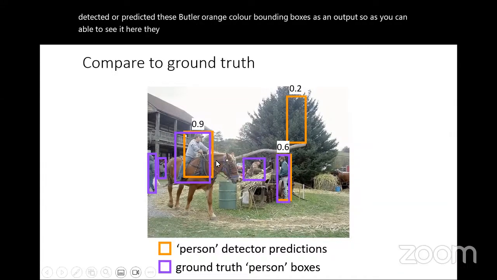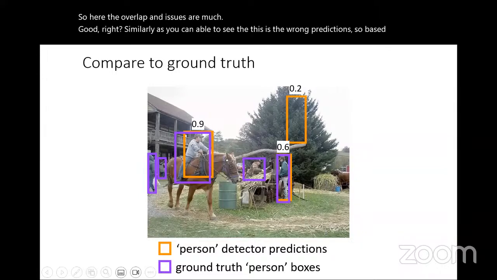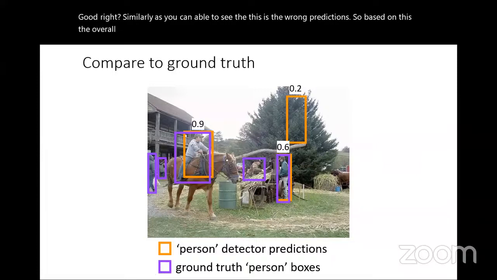The detected orange bounding box overlaps with my ground truth, so here the overlap ratios are very good, right? Similarly, this is a wrong prediction. Based on this, we calculate the overall algorithm predictions. This is just an overview.